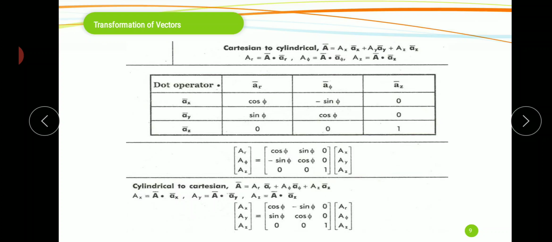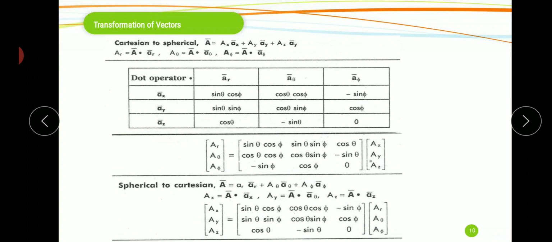So by finding the matrices, we can easily find the values of the Cartesian coordinate system. So this is the transformation of vectors.